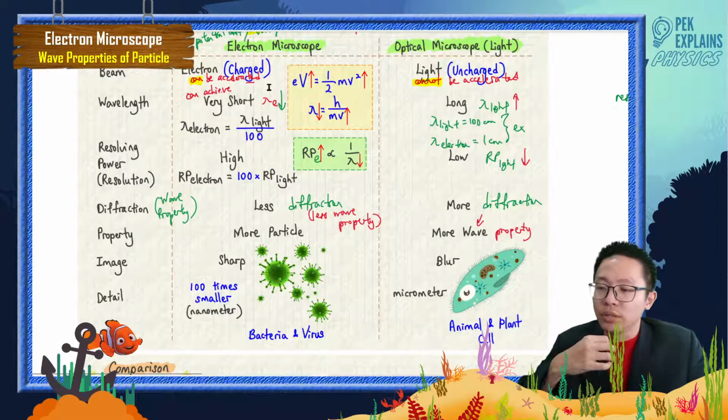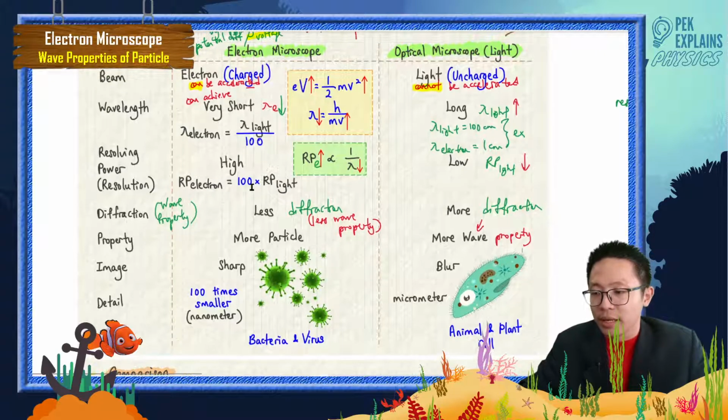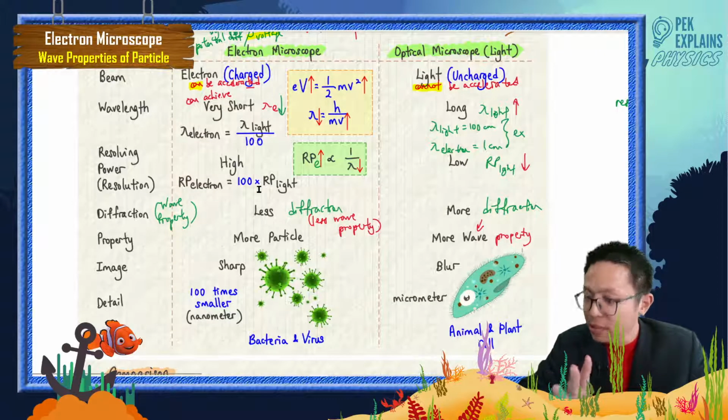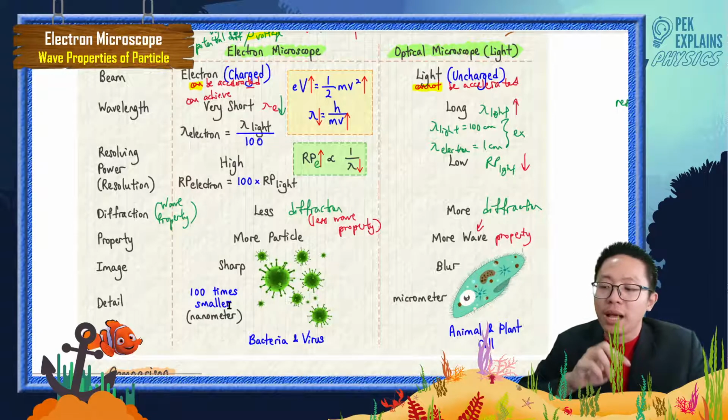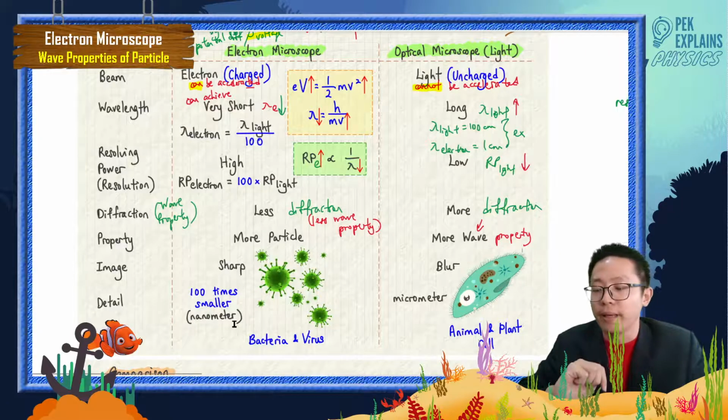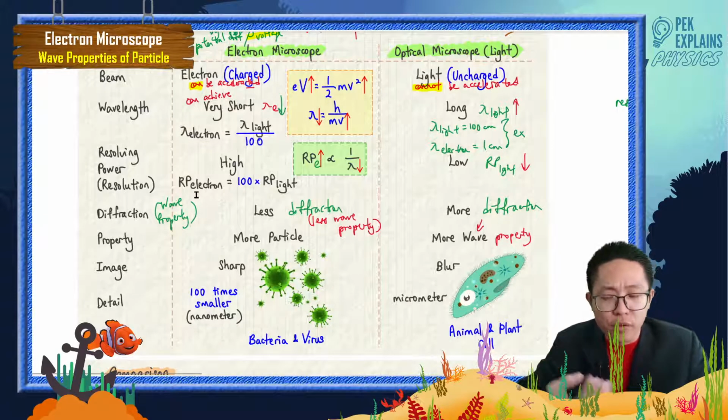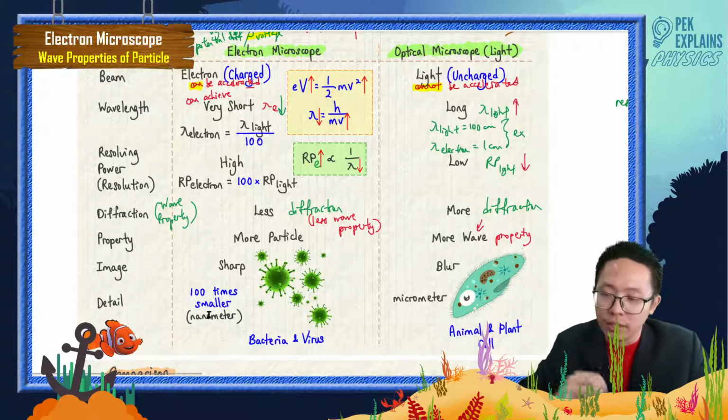So the electron microscope can see them because the resolving power of the electron microscope is 100 times stronger. This resolving power means it can see things 100 times smaller. If the resolving power is 1,000 times stronger, then the details you can see are 1,000 times smaller.